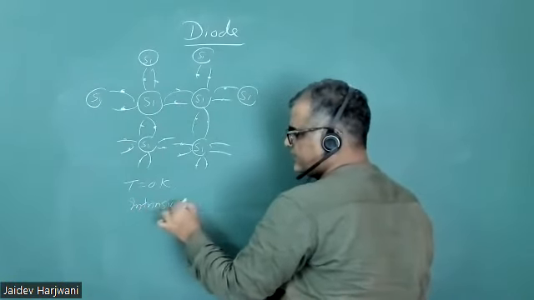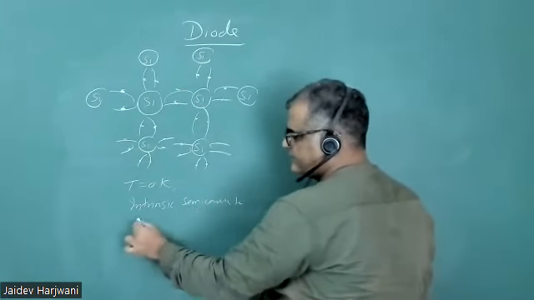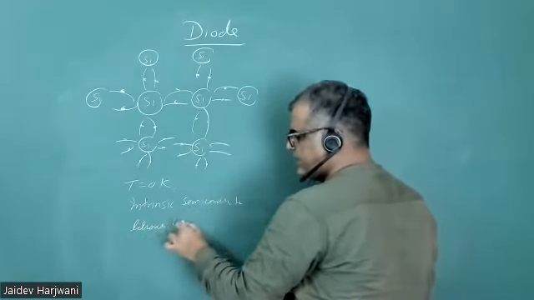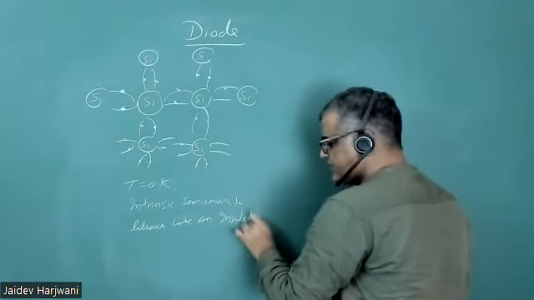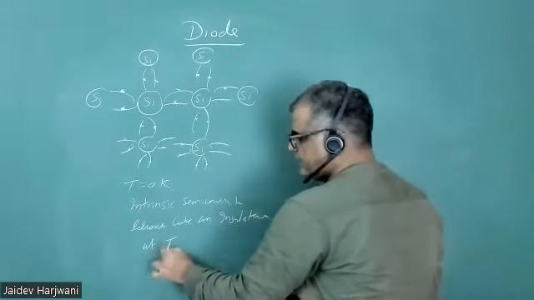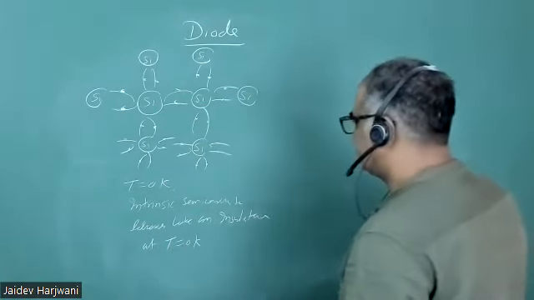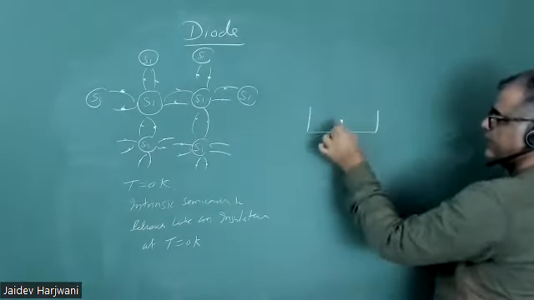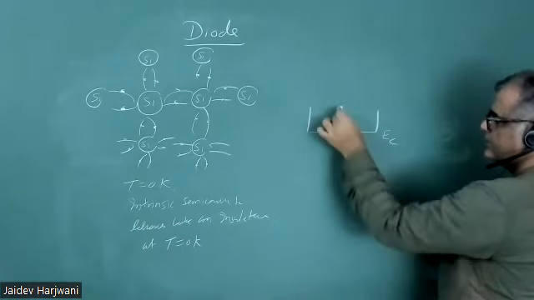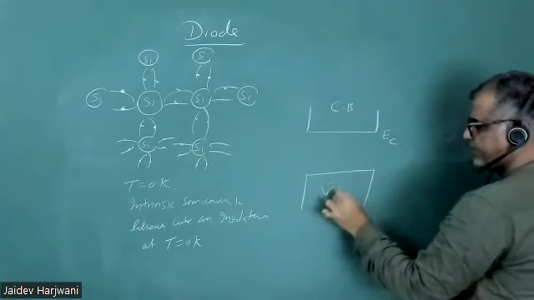So intrinsic semiconductor behaves like an insulator at T equal to 0 Kelvin. Now if I see this same thing on an energy scale, this is my conduction band, and here I have the valence band.